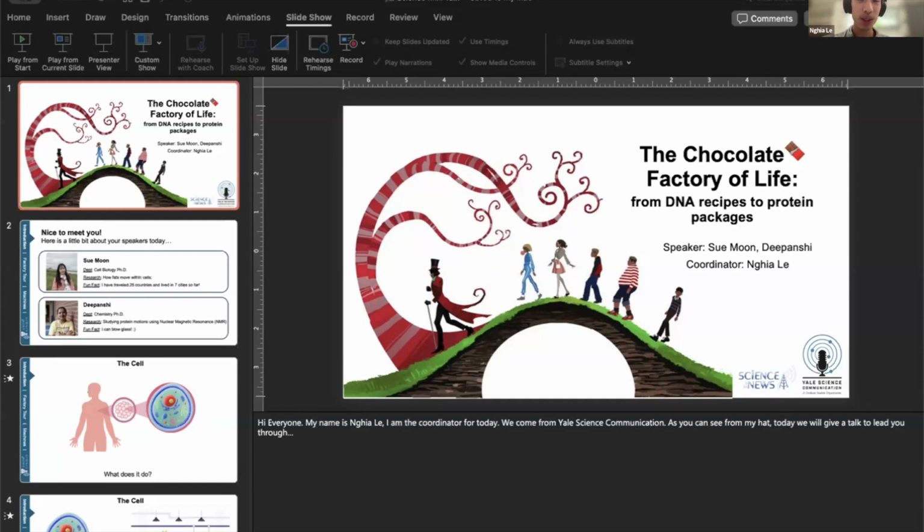So first, Su Moon will give a tour of this chocolate factory, and she will talk about how the cells produce, package, and ship a type of product called proteins. And then our second speaker, Dipanshi, will zoom in and study how cellular machines work by listening to its molecular whispers using the NMR, which is the very big magnet that she will be exploring.